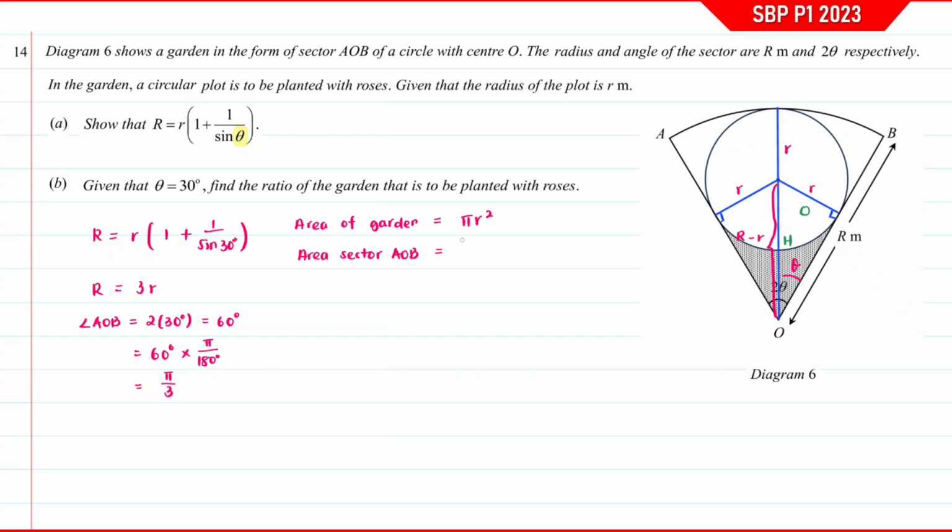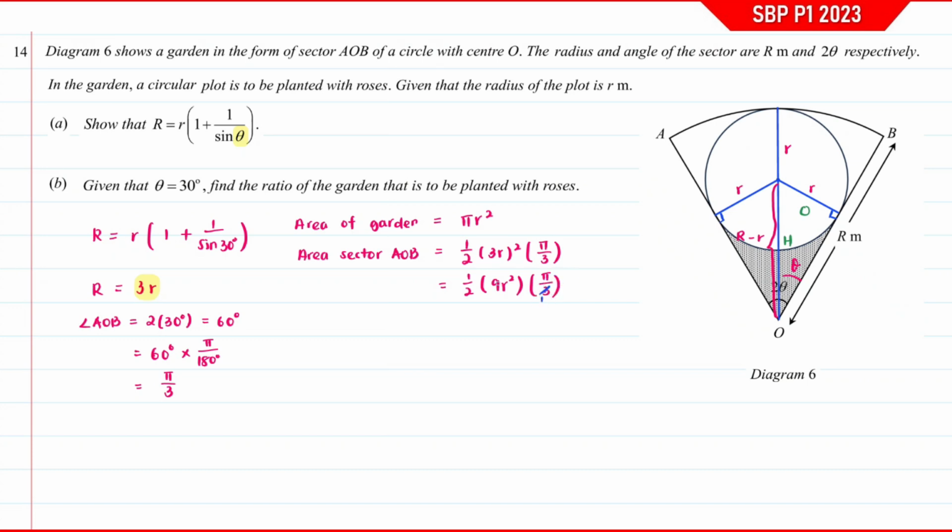So the area of sector AOB will be 1 over 2. The radius here we're going to use is 3r. Then it will be bracket 3r squared times the angle, which is pi over 3. So here we're going to get 1 over 2 times 9r squared times pi over 3.